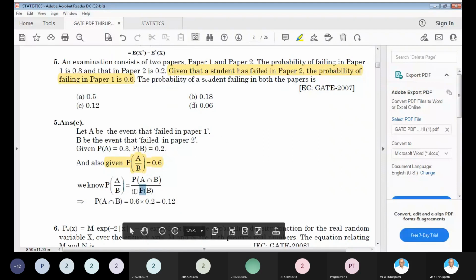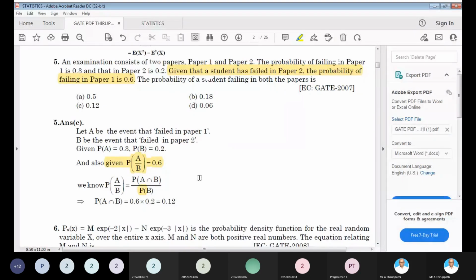By cross multiplication, P of A intersection B is equal to P of B into P of A given B. What is the question?